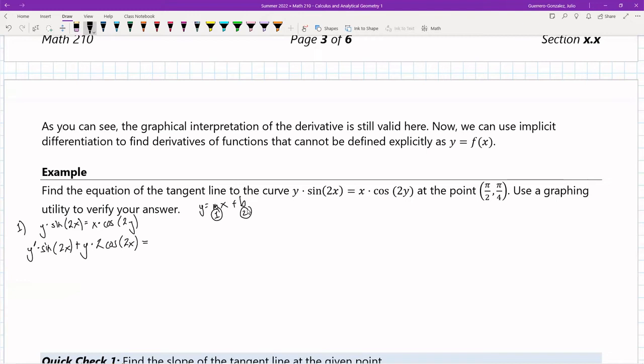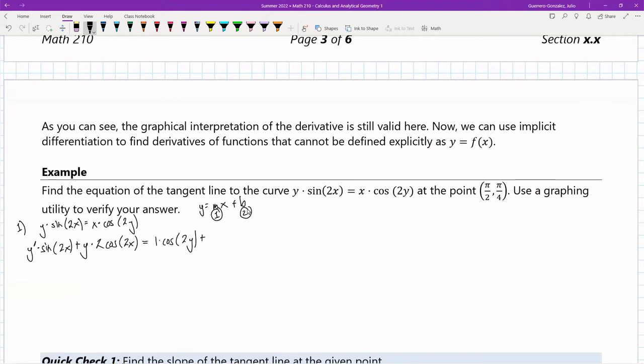Okay, and to do that, again, product rule. So the derivative of the first times the second. So it's going to be 1 times cosine of 2y plus the first times the derivative of the second.